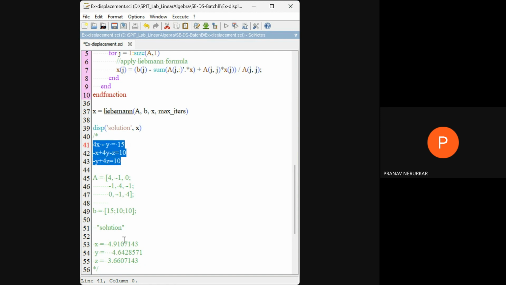Okay, we can substitute x, y and z in the linear equations to see if the linear equations are satisfied by our solution. There is no guarantee that our method will converge to the correct solution except for diagonal dominant matrices. Current example is diagonal dominant, so it should converge to the correct solution.